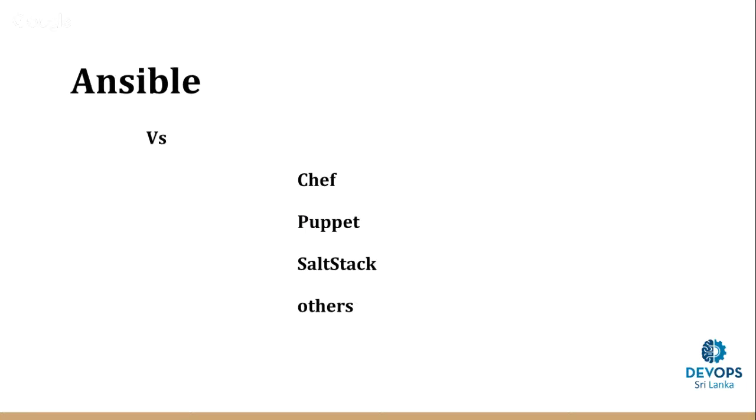And the other important fact is the ease of understanding and ease of learning. If you are already familiar with one of these tools, I bet you would be able to do most of the automation work by that tool itself. But if you are new to automation platform or configuration management platform, Ansible will be a very good fit because it is very easy to understand and easy to get started with.